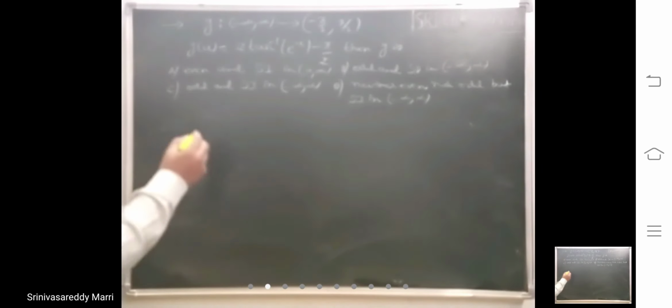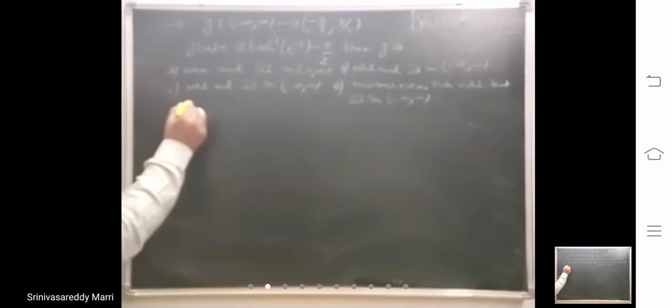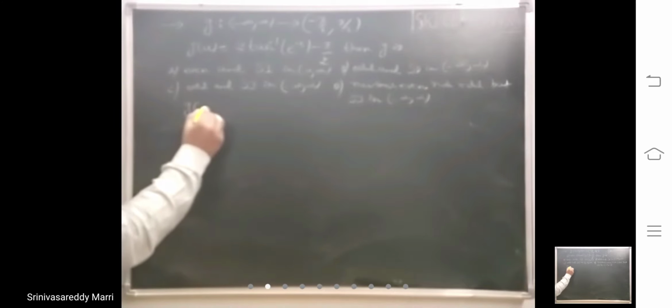So first we have to check whether it is even or odd. Even or odd means we will find g of minus u. If it is g of u, then even. If it is minus g of u, then it is odd.